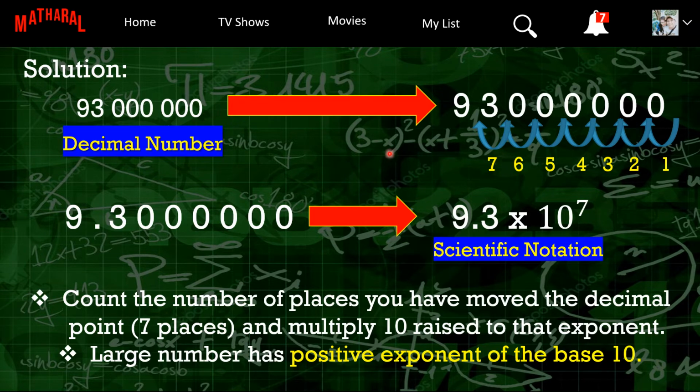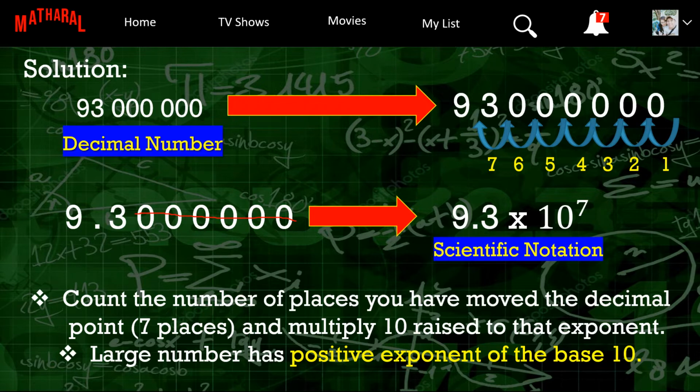Since dito nag-fall yung decimal point, ma-rewrite natin siya as 9.3. And then yung 0, pwedeng nandyan po siya at pwedeng kahit wala na rin. Pwedeng tanggalin na po yan.